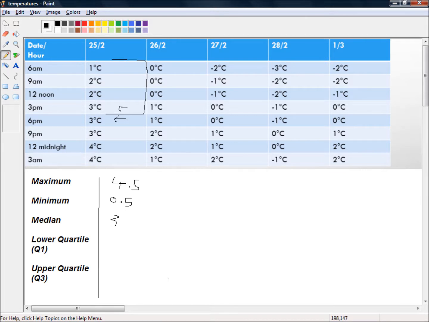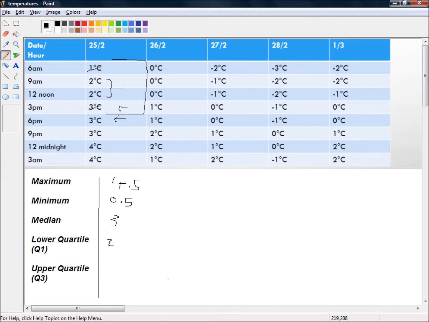Another way to find the median is to cross off the first and last, and then you can cross off the next first and last, and the next first and last, until you get to the one in the middle. Since we've got 2 in the middle, it's going to be the halfway point between these two numbers. So it's halfway between 2 degrees C and 2 degrees C, so that's just 2 degrees C.